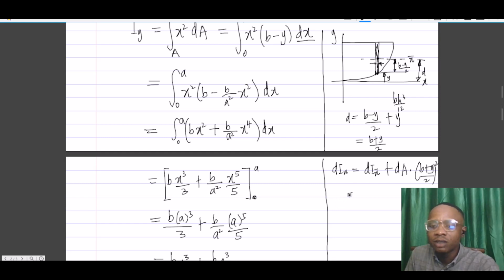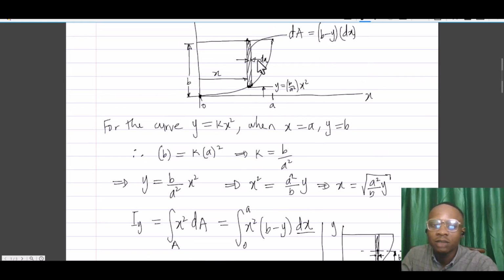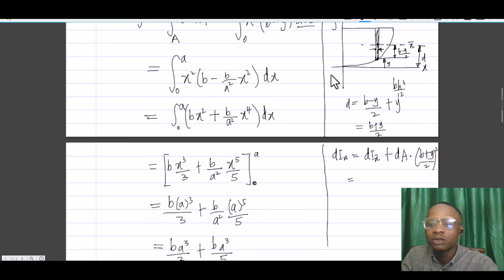So b for this elemental strip is x, this length here, and this vertical one here is our b minus y. We're going to use that idea here.